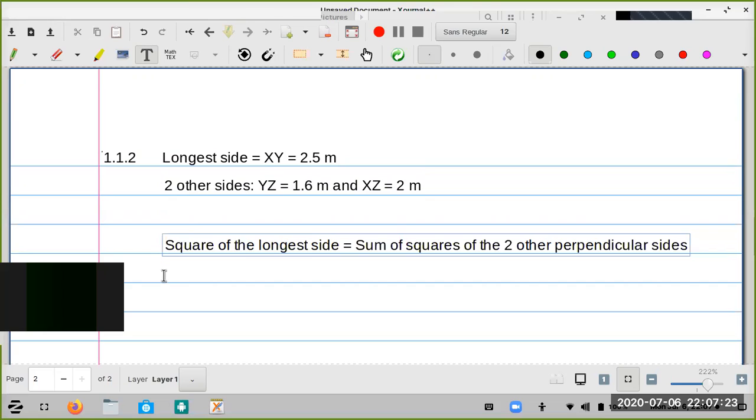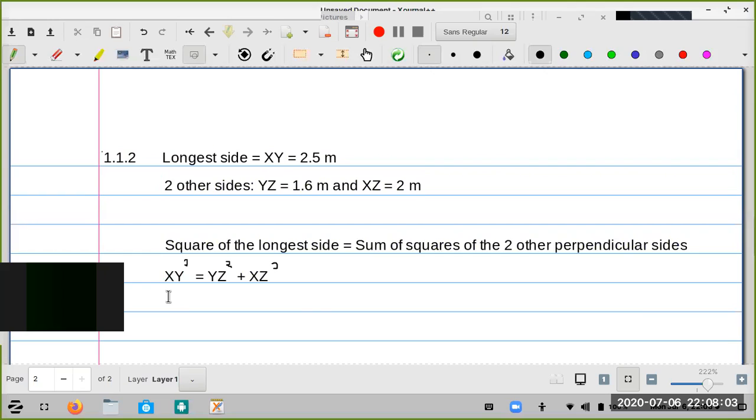The longest one we have identified to be XY, squared, must be equal to YZ squared plus XZ squared. Then I'm going to substitute the measurements.